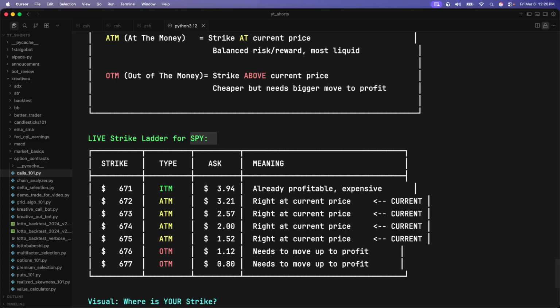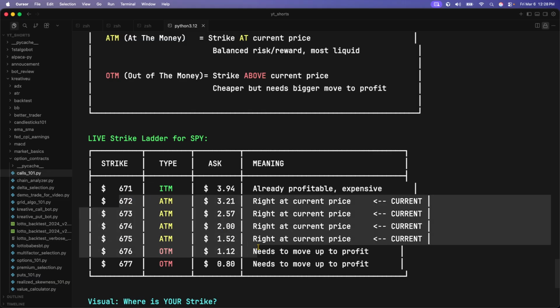So the current price of SPY is 673.76. So being able to buy below, we know that below is ITM, and it's going to be a lot more expensive because now it's already profiting, right? So we can see here the ITMs are the ones that are more expensive, already profitable, very expensive, right?